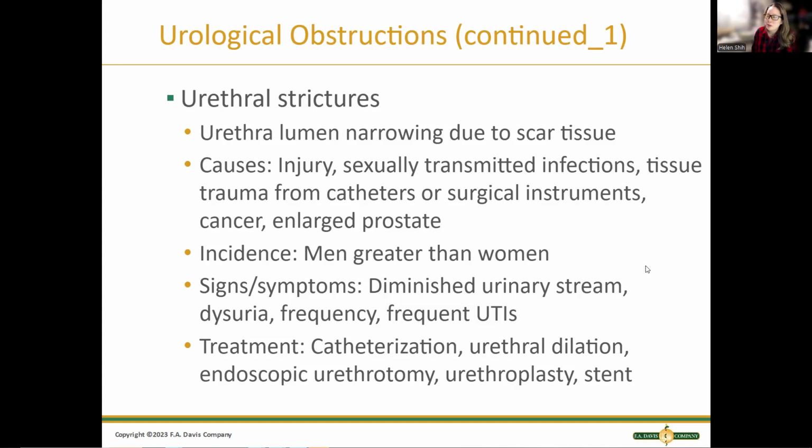So there's a different term for when blood vessels narrow, but when the urethra, which is a non-blood vessel but is still very tube-like, is narrow, it's called urethral stricture. And so there's narrowing due to scar tissue in the urethra, and the causes of this scar tissue could be injury, STIs, tissue trauma from catheters or surgical instruments, cancer, and enlarged prostates for men.